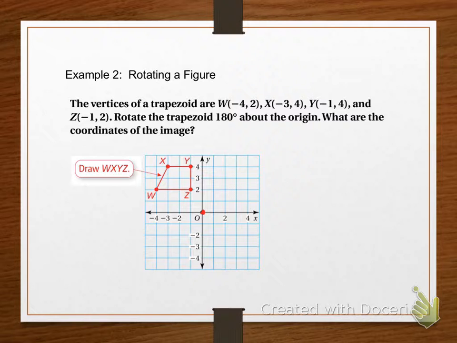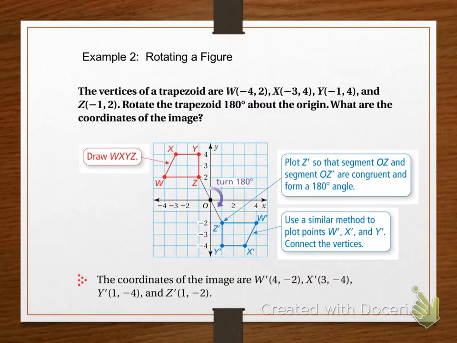So if we rotate it 180 degrees, we're going to go from here to here, and then another 90, so it should be down here in this third quadrant. So to rotate it, the vertices of the trapezoid here, now what happens with the coordinates of the image?